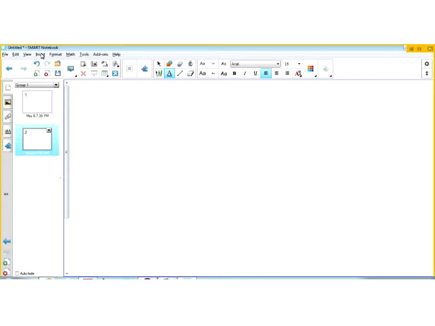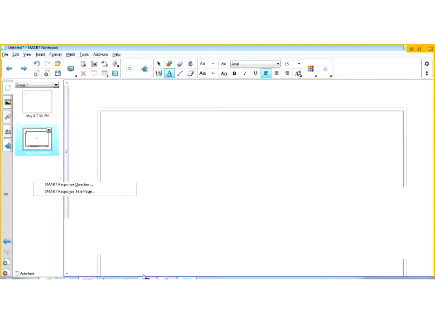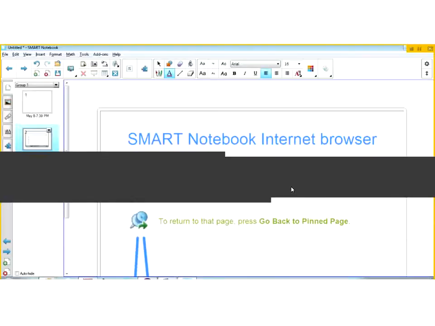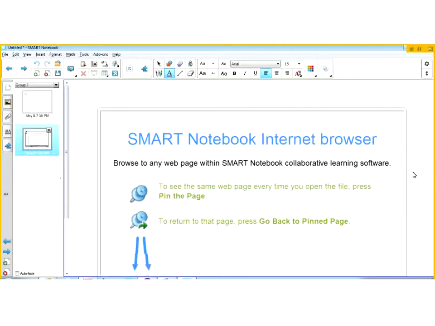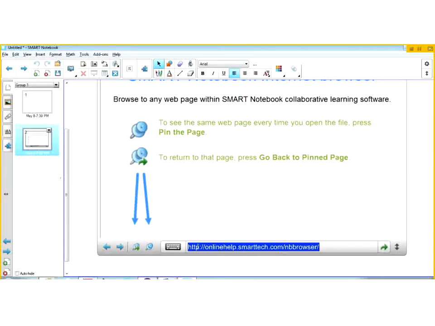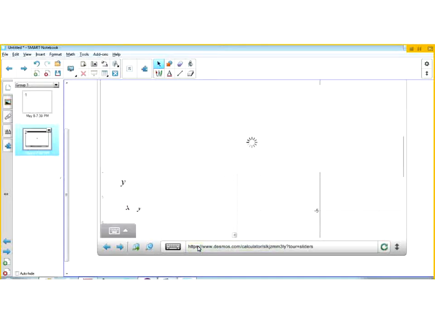So on page 2, I'm going to insert a browser, and I'm going to pull up some of my lecture notes on straight lines. Okay, there we go.